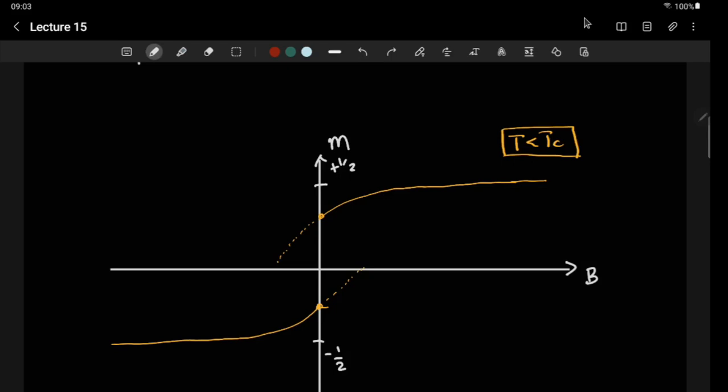We also know that for large positive B, all the spins will line up and it will saturate, and the average magnetization will be plus half. Same thing for large negative B, at this extreme, it will saturate to minus half.